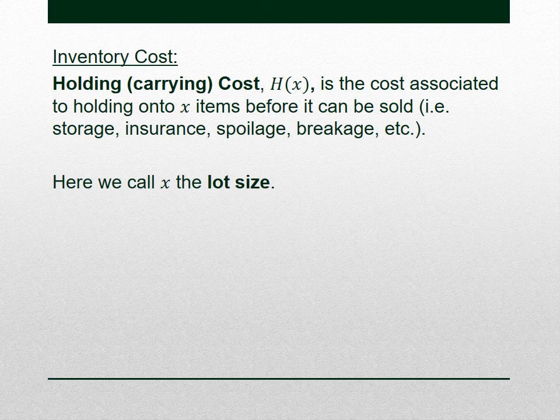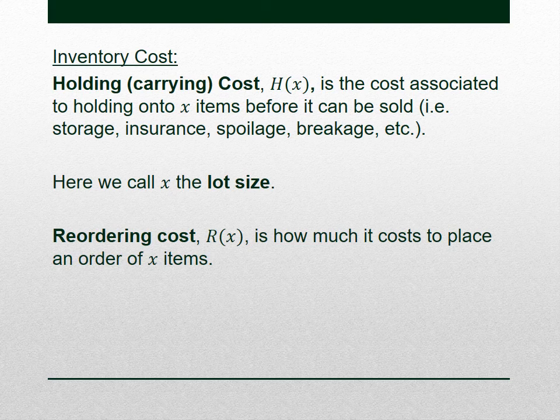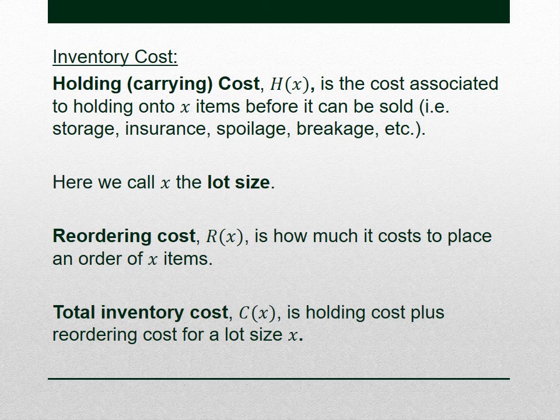So you'll be asked things like, what is the minimum lot size? So we're looking for something like that. That's how many things you have. There's also a reordering cost or an ordering cost, and that's just the cost of X things to place an order for them. So your total inventory cost is C of X, is just adding these things up. In your homework, you might be asked to find the total inventory cost, and in your book it does tell you how to form that, but we will not be doing that.